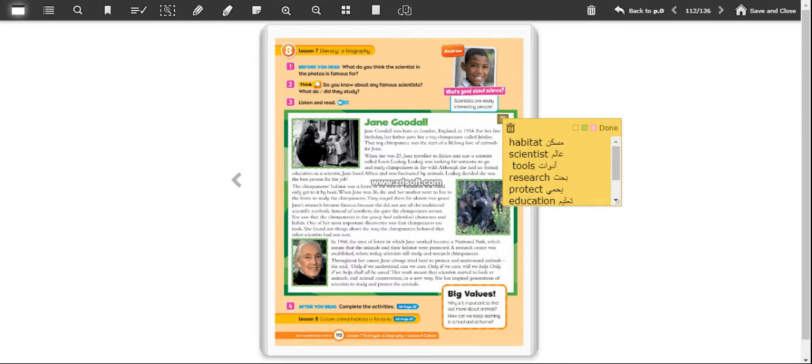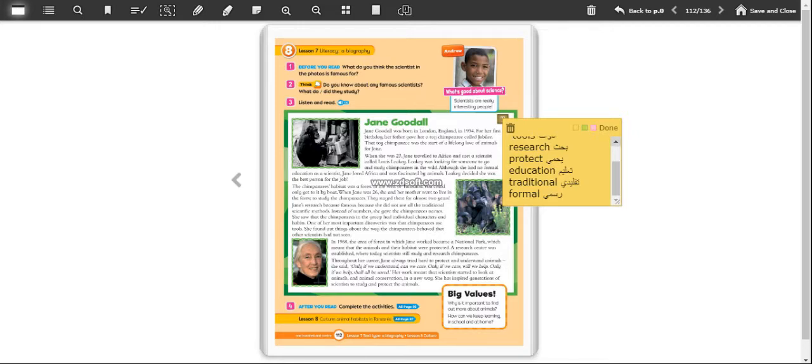Protect. What does it mean? Good. Next. Education. Education. Traditional. Traditional. What does it mean? Good. Formal. Formal.